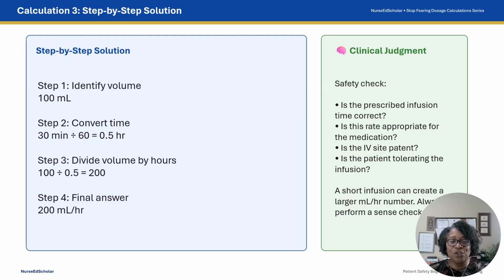Another way I used to tell my students was this. If you were going 100 miles and you were driving 100 miles an hour, it would take you 1 hour to get there. If you're like, I need to go faster, I need to get there in a half an hour, right?